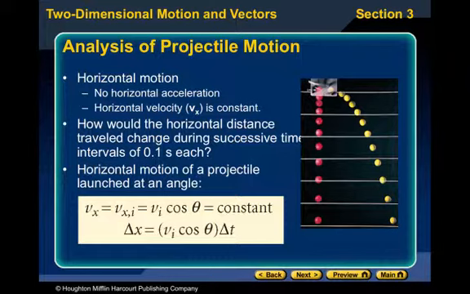No. Since there are no forces acting on it, there's no acceleration in the horizontal direction. So the x component of the speed is the same when it leaves the apparatus, right before it hit, it's the same. Constant speed in the horizontal direction for the ball that got shot out.